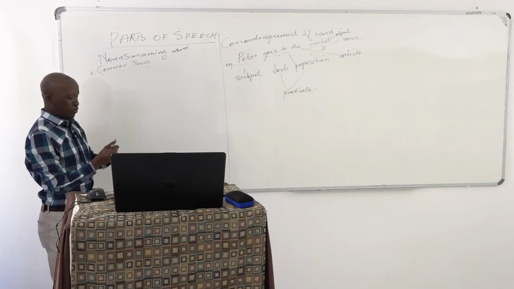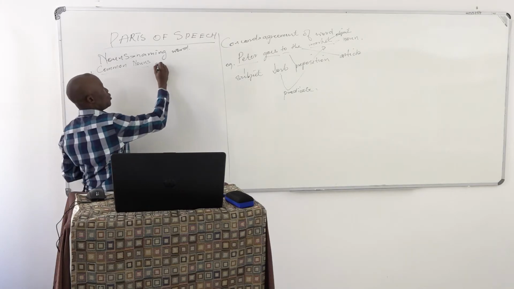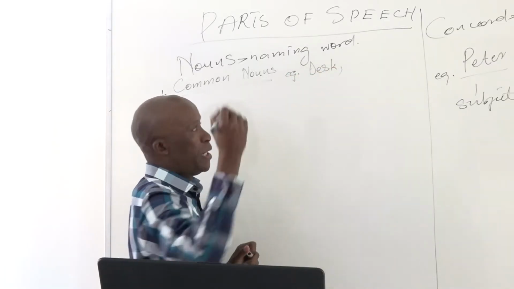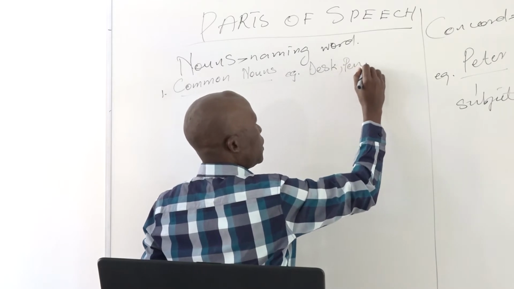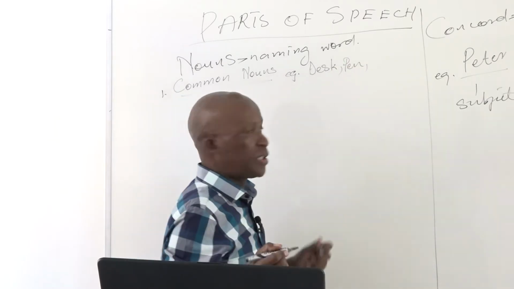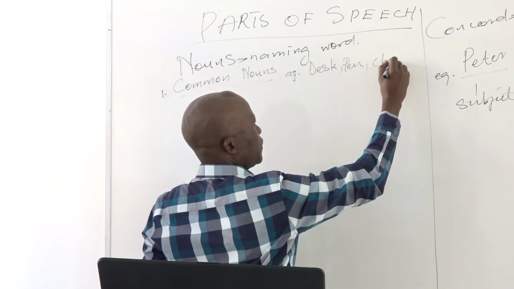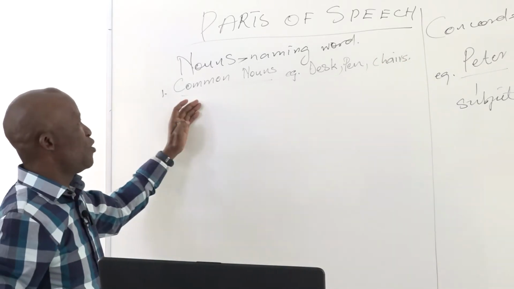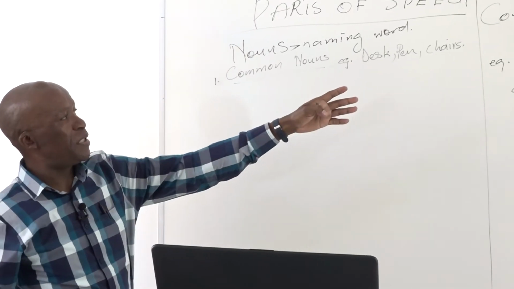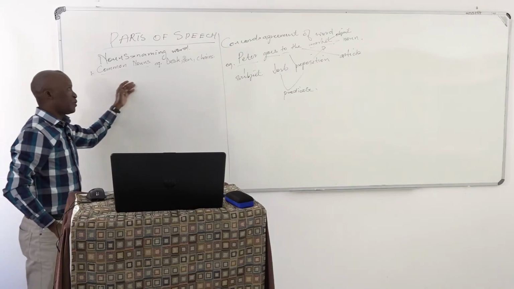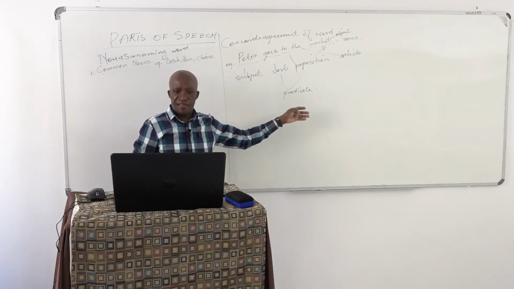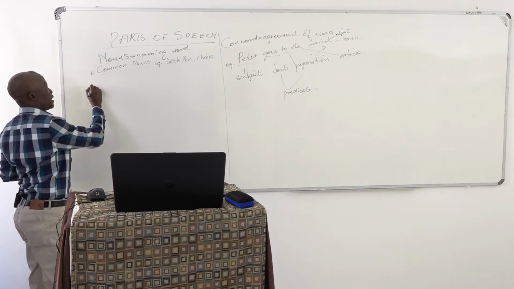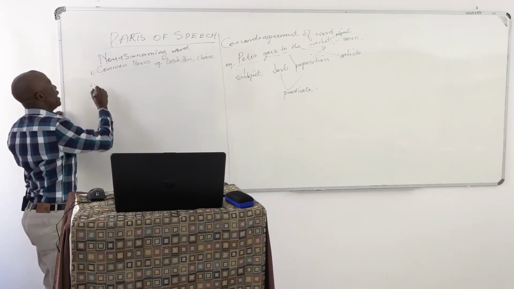Examples of common nouns could be something that is common, e.g., a desk, a pen, a chair. These are common nouns. They are naming words. Particularly when we speak about simple sentences, these types of nouns form the subject of the sentence in most cases.